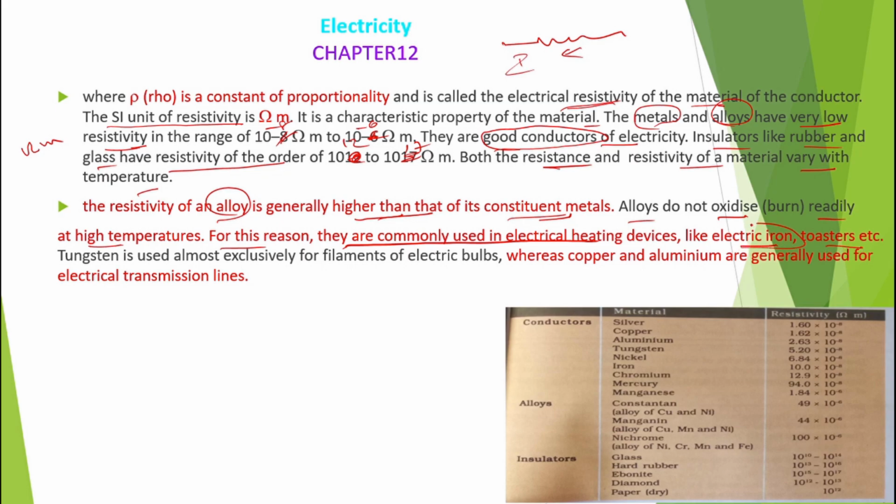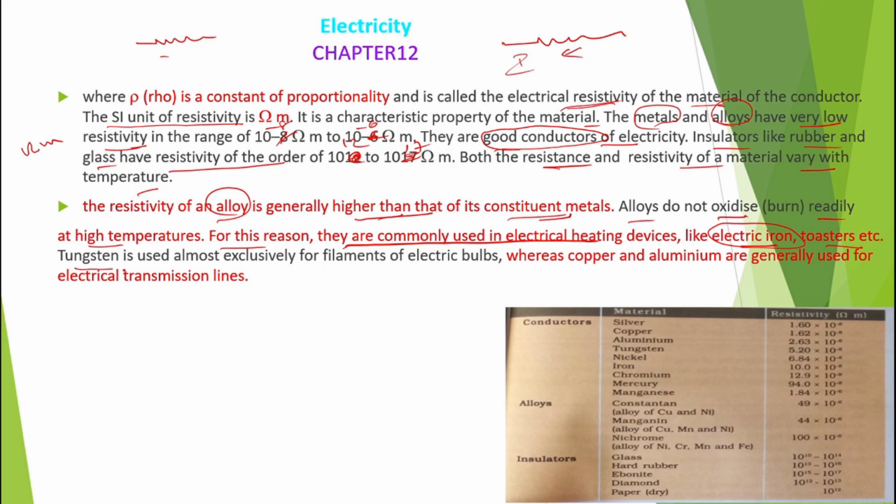Why are we using an alloy for the electric iron coil? As mentioned, the resistivity of an alloy is generally higher than its constituent metals, and alloys do not oxidize readily at high temperatures. So that's why we use alloys in electric irons and toasters, etc.